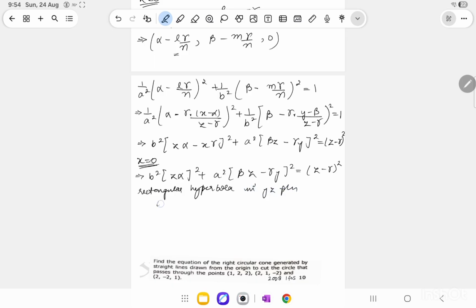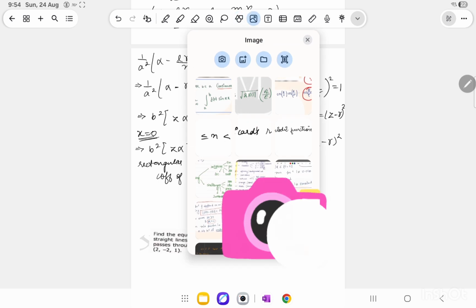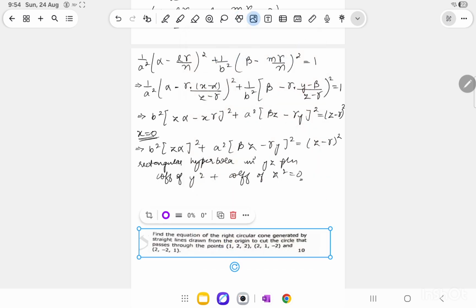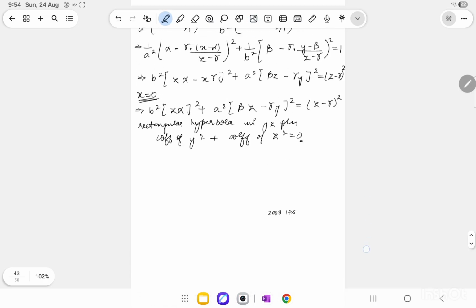So the coefficient of y² plus the coefficient of z² must be equal to 0.